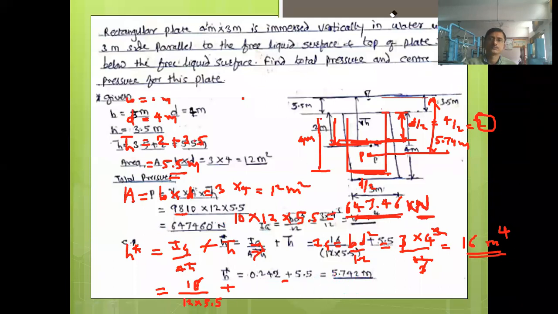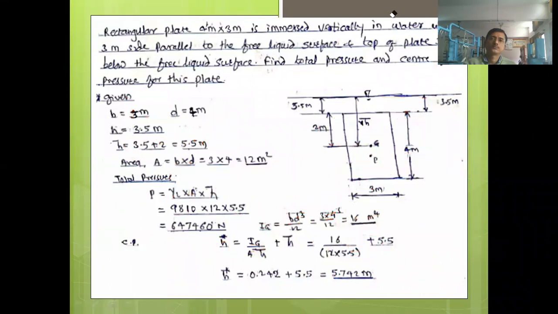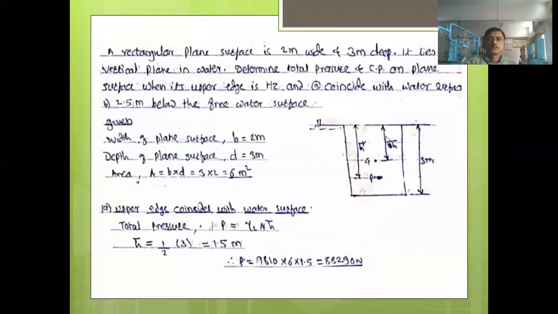That is also correct. Everyone understood how to solve this problem? Yes, sir. Okay, next problem.